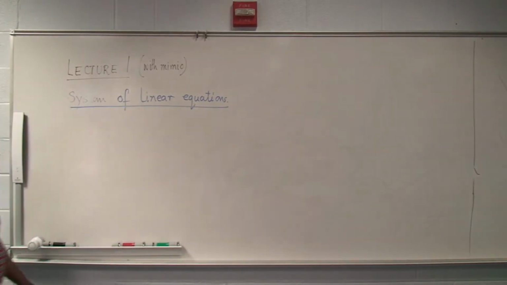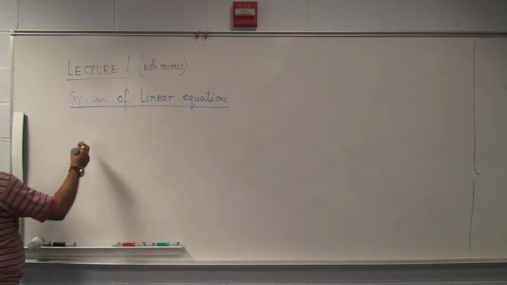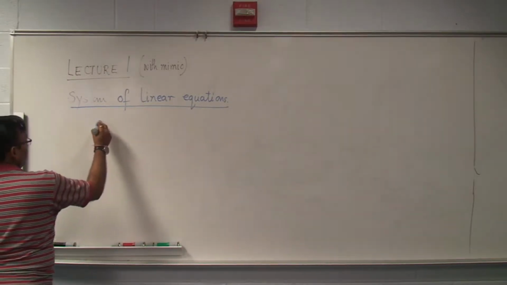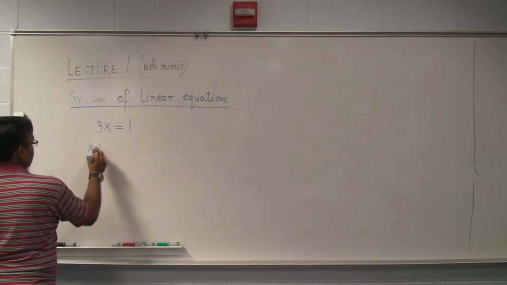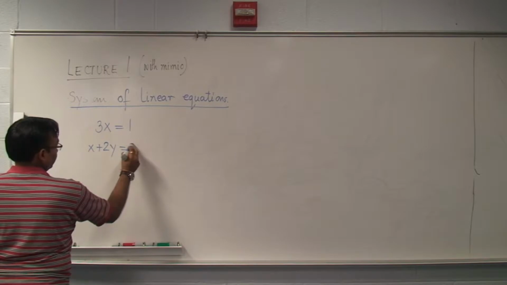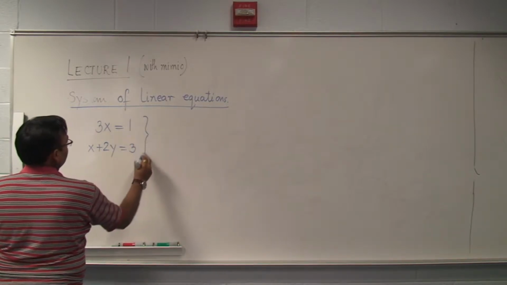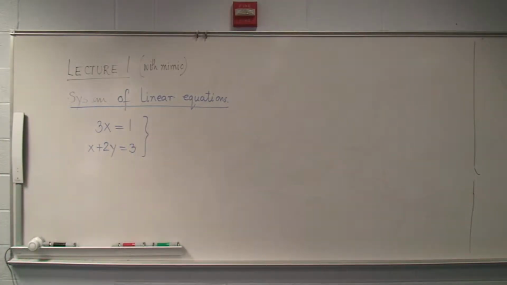Let's basically take an example of two equations. Something like, say, 3x is equal to 1, x plus 2y is equal to 3. So this we call a system of linear equations. System because you have more than one equation.